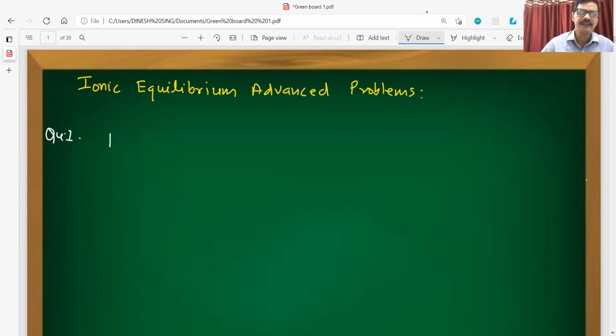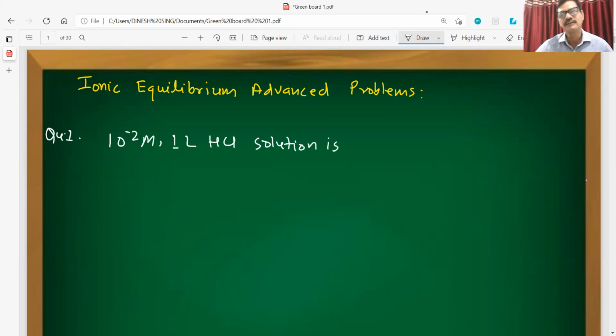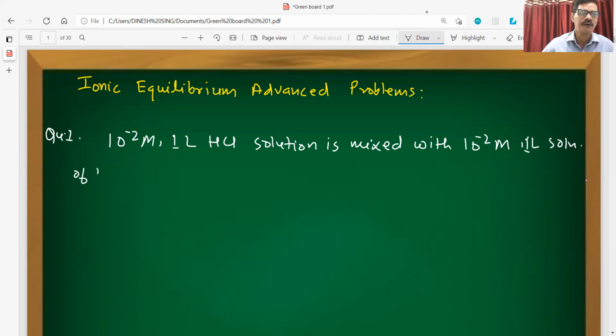For example, 10 power minus 2 M, 1 liter HCl solution is mixed with 10 power minus 2 M, 1 liter solution of NaOH.